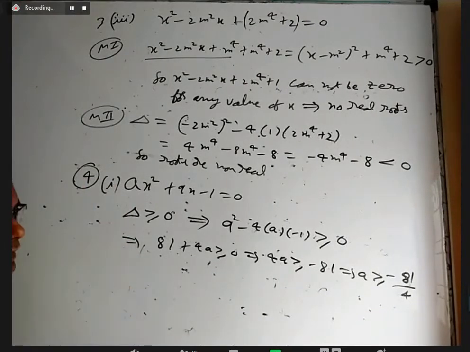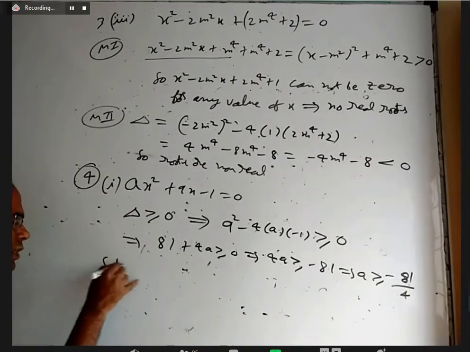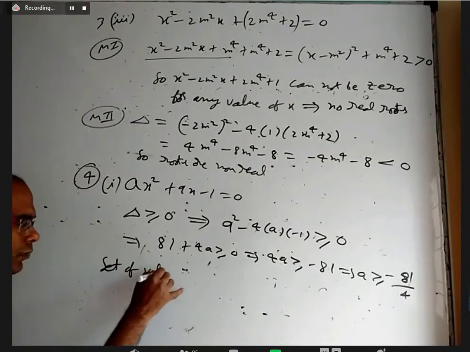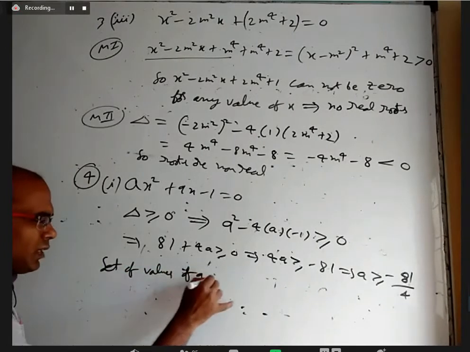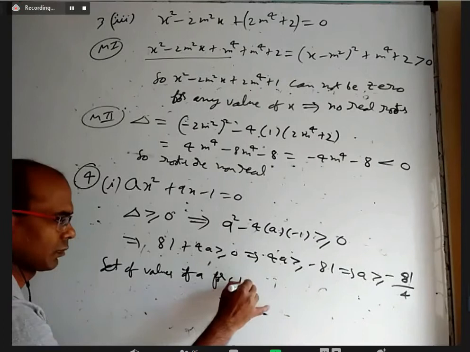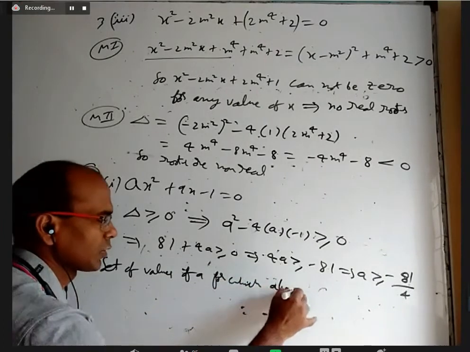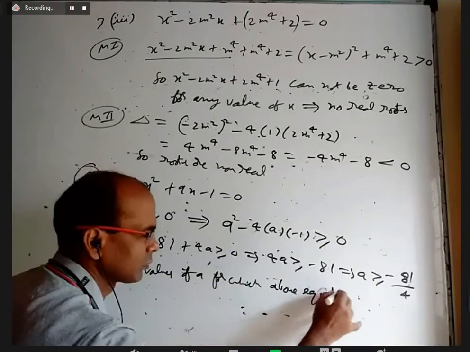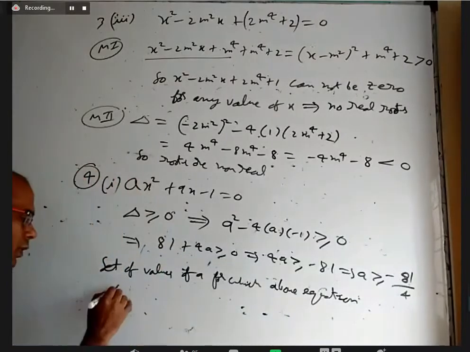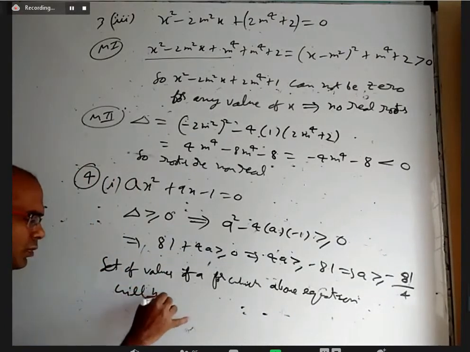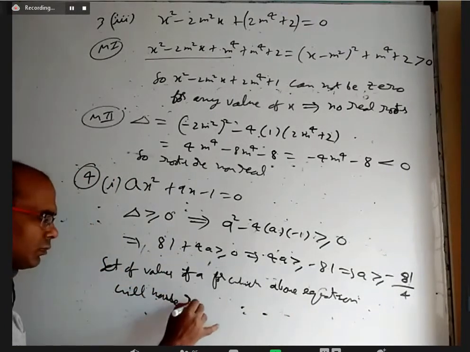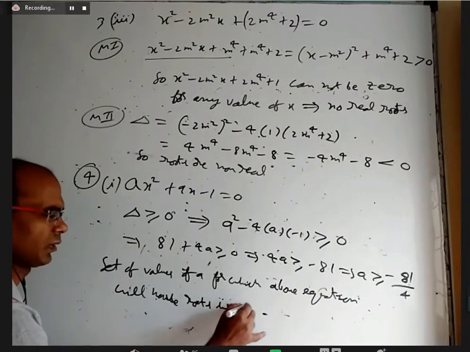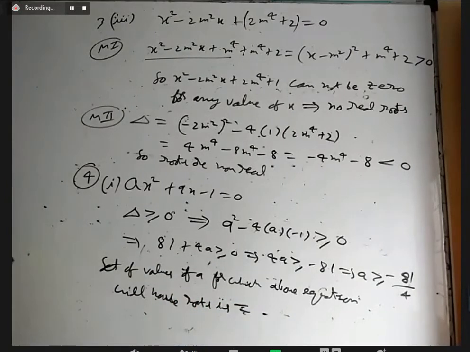So they asked what is the set of the values. Okay. So the set of values of a for which the above equation will have real roots. If they had mentioned the quadratic equation, I should remove 0.